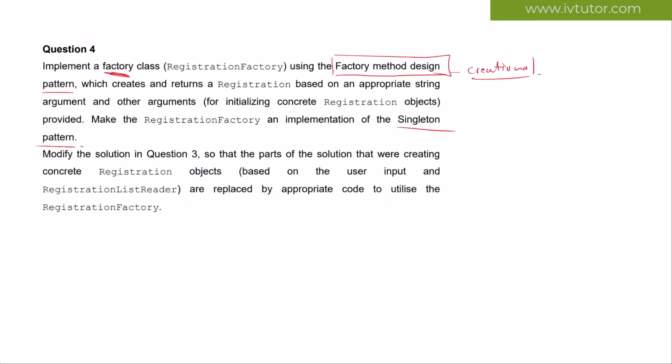So our solution right now, if we are going to draw what it looks like, basically we have your registration class, which is sitting here. Then you've got your student registration, you've got your guest registration, and then you have your registration list, reg list, which is sitting there.